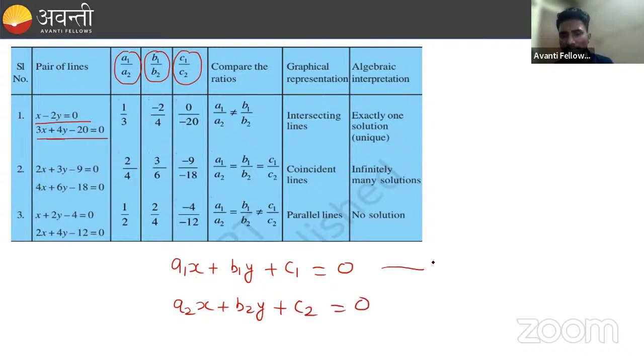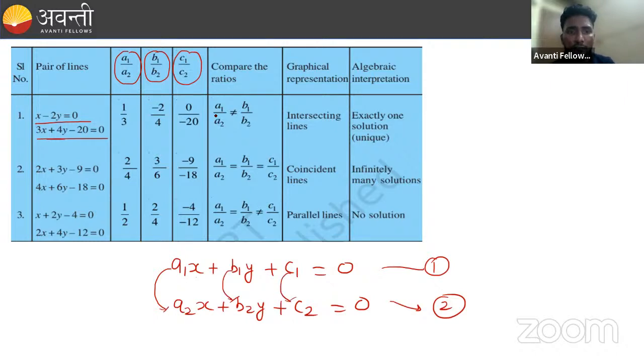So these are two linear equations in two variables. And if anybody asks you whether it gets one value, or whether these two lines are intersecting, coinciding or parallel, you just have to check the ratios of the coefficients a1 by a2, b1 by b2, and c1 by c2.